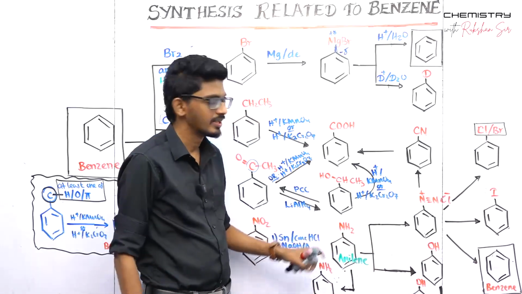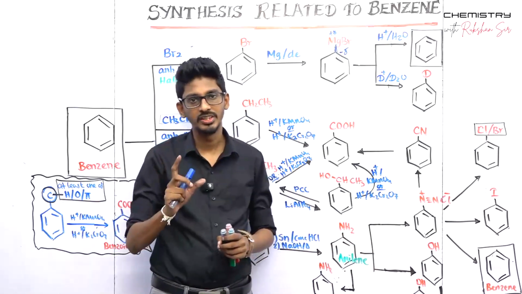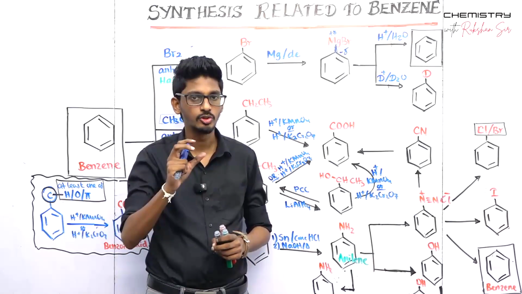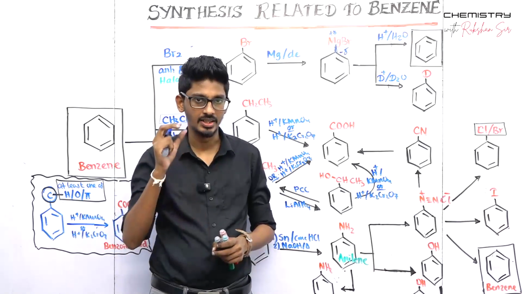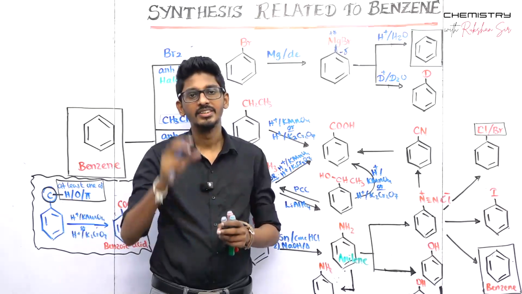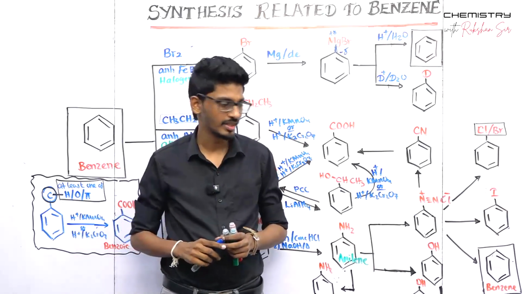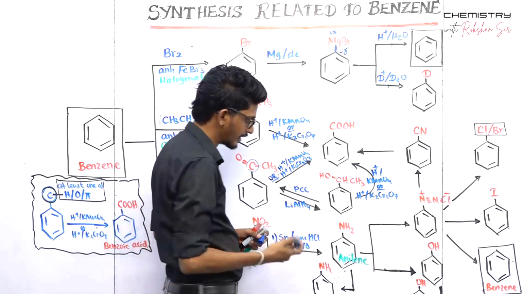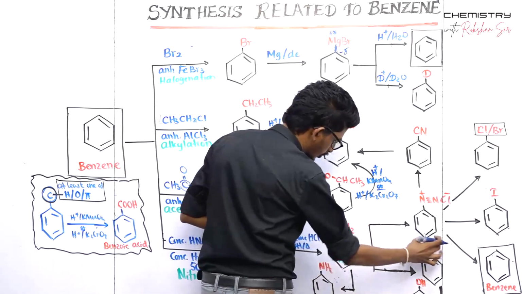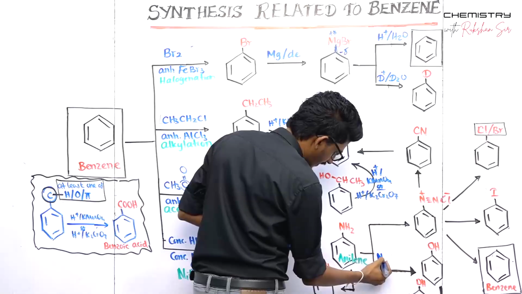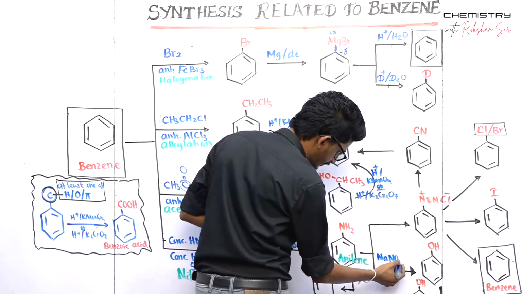Normally NaNO2/HCl, that is HNO2, is the reagent we use to convert NH2 groups to OH. So that reagent could be added here to convert the NH2 group to OH.